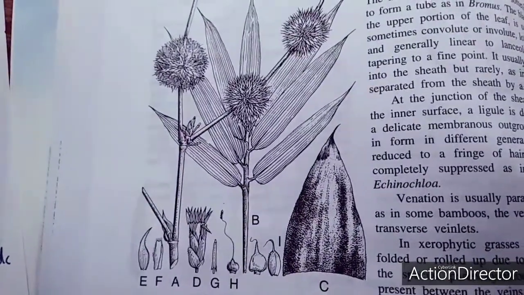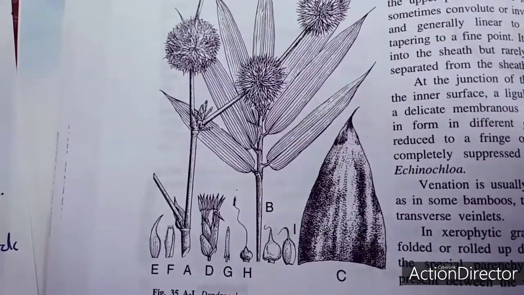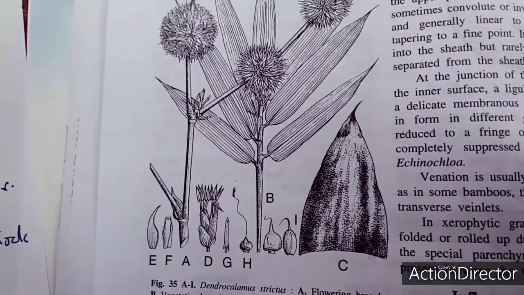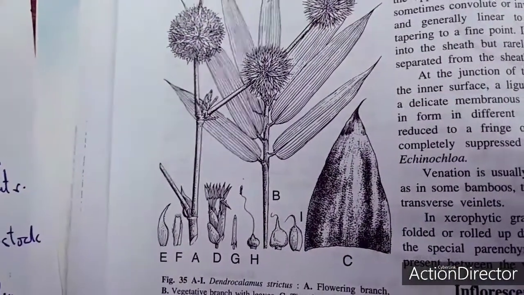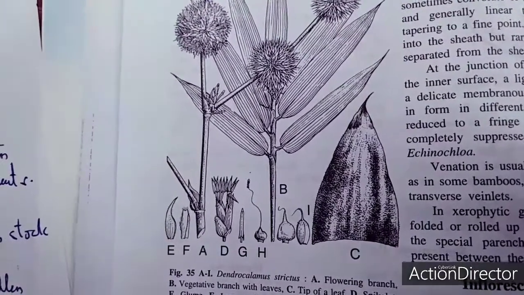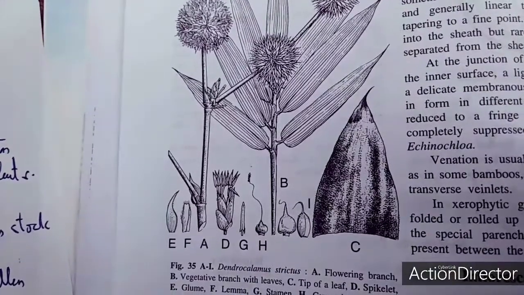The rhizome is widely creeping in sand-loving grasses. The aerial stem terminated by the inflorescence is known as the culm. The culms are simple, and branching of the upper nodes is rare in temperate grasses but is characteristic of many tropical grasses.